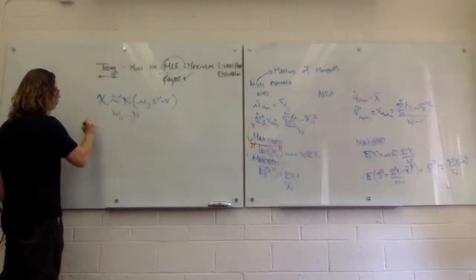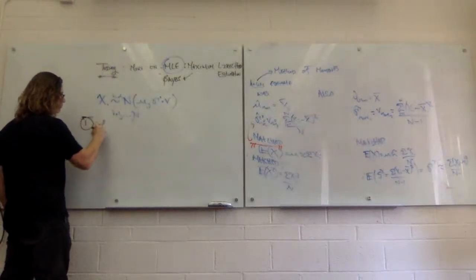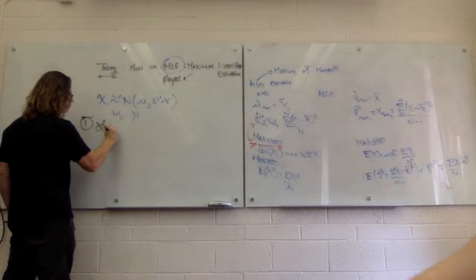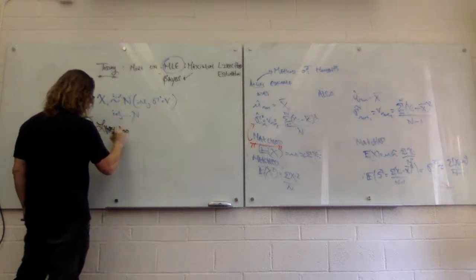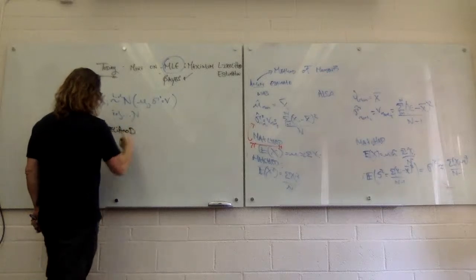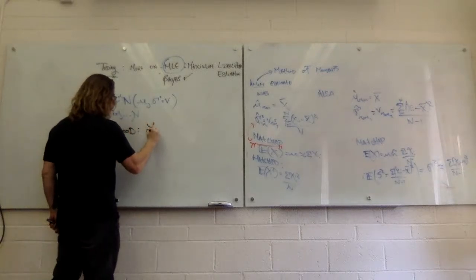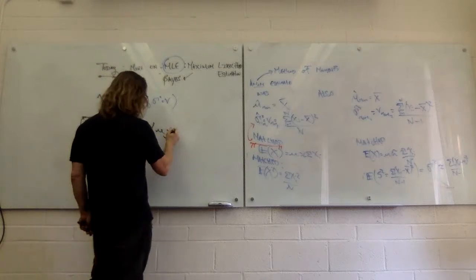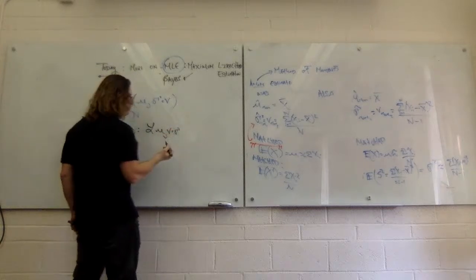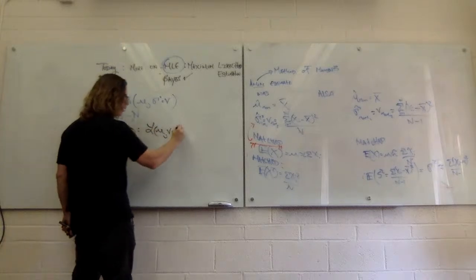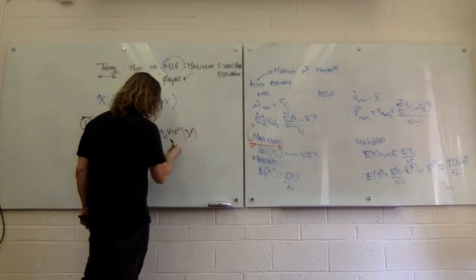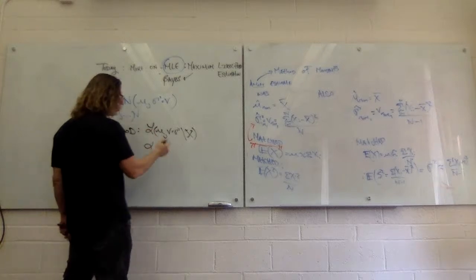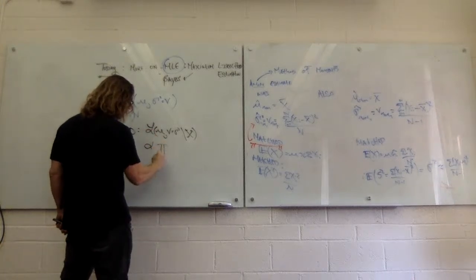So our likelihood function is just this, the likelihood of mu and v, however you want to parameterize this. Just keep reminding you v is equal to sigma squared. Given all of the data, it is proportional to this product.